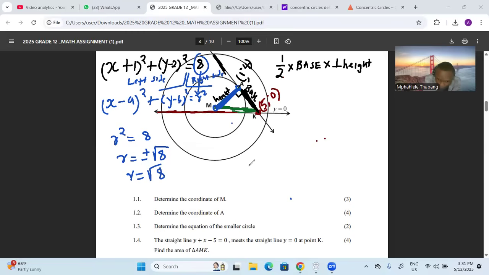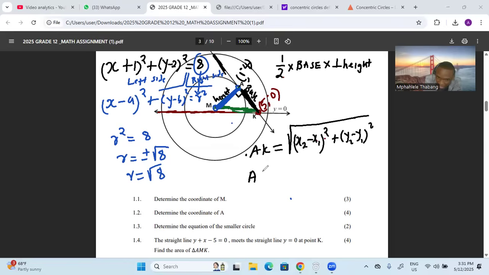So I can find the distance from A to K, which is my base. I will use the distance formula. AK equals the square root of x2 minus x1 squared plus y2 minus y1 squared.